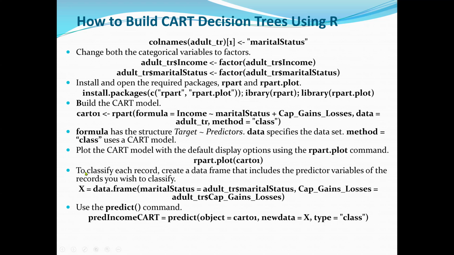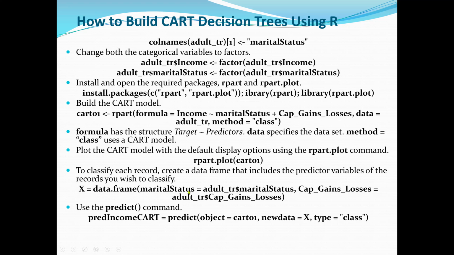Now, the next step is that to classify each record, we can create a data frame. Again, we know data frame is one of the advanced R data structures that include the predictor variables of the records you wish to classify. So here we have data.frame.